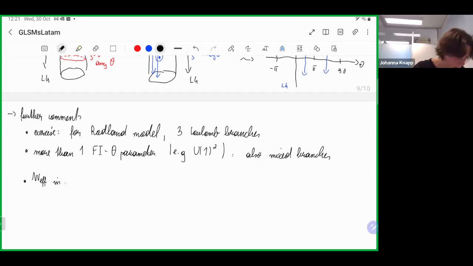So W effective in a Coulomb branch in the non-Calabi-Yau case. Many things happen.